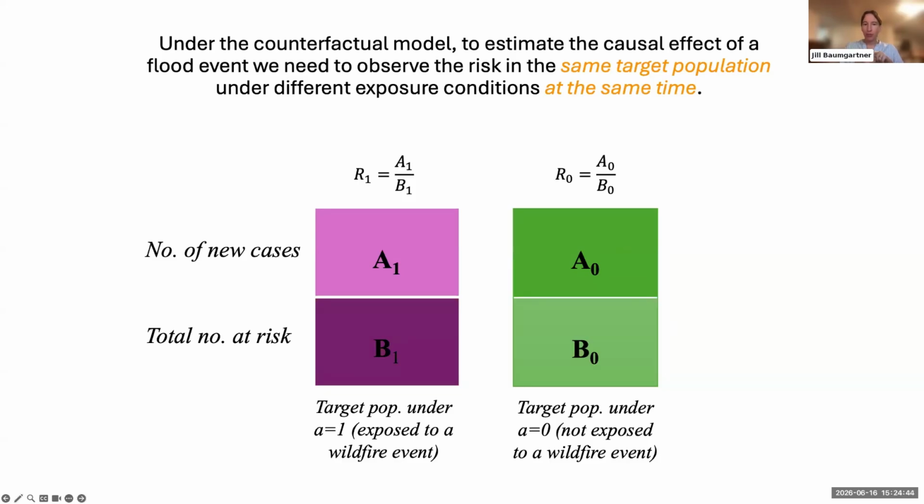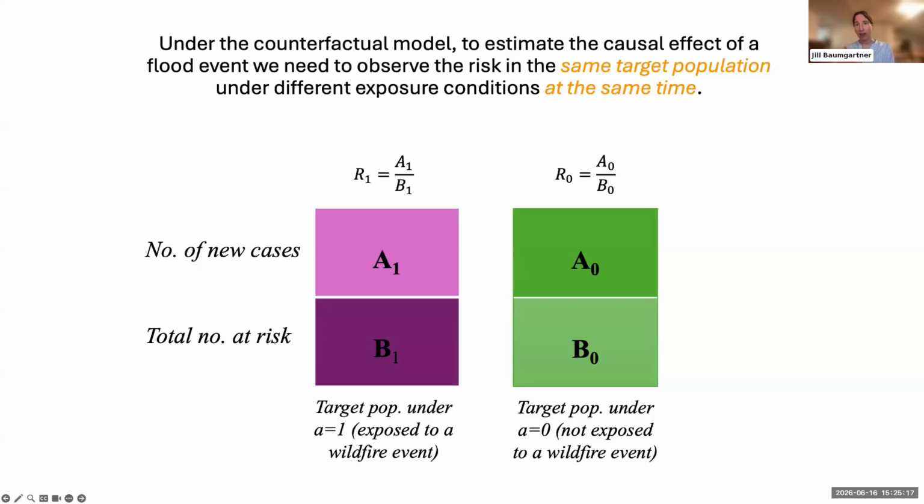But to do that, we need to observe the risk in the same target population under different exposure conditions at the same time. So for our example in purple, our R1, we have the number of new cases divided by the total population at risk when they're exposed to a wildfire event, so an environmental exposure.